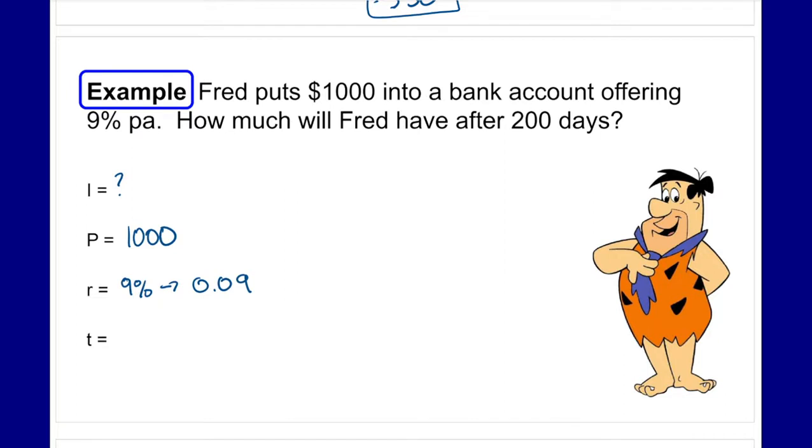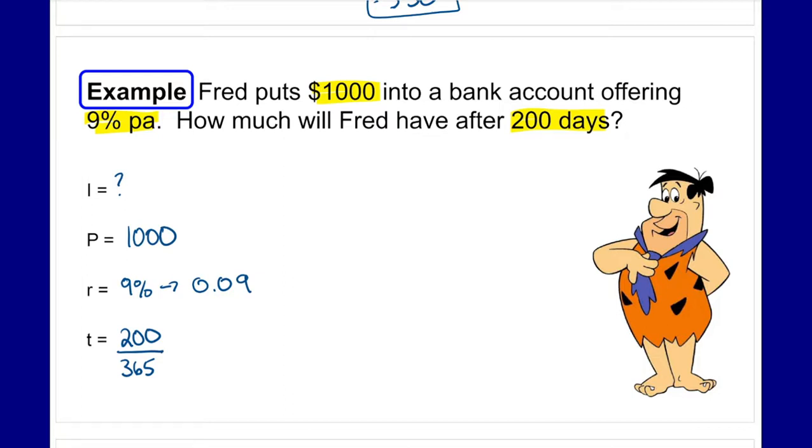And the time, in this case, because remember, we do want it in years, we're given time in 200 days. I'm just going to highlight the other stuff as well, to see where we got those values. I'm given time in 200 days. So how do I represent 200 days as years? Well, 200 days out of 365 is how we would represent it by years.